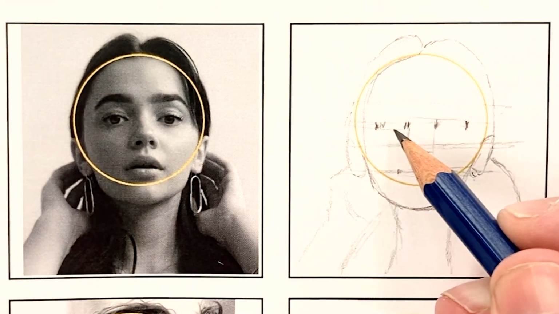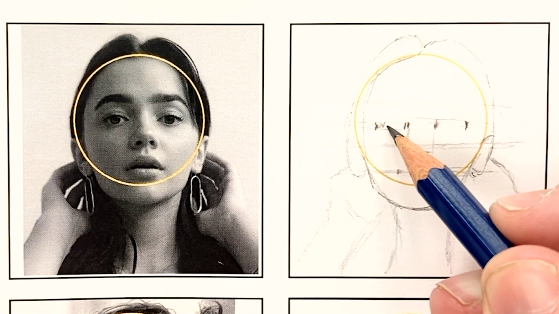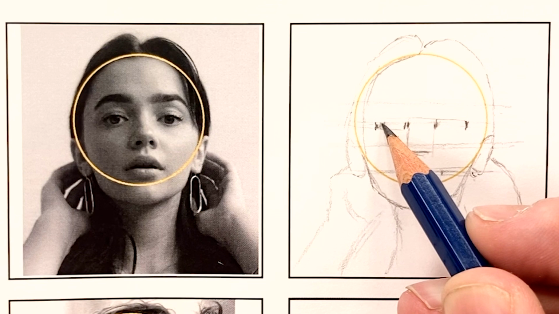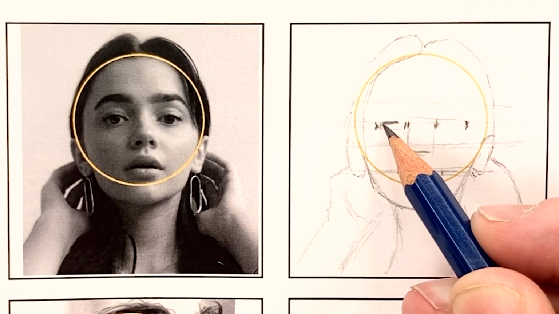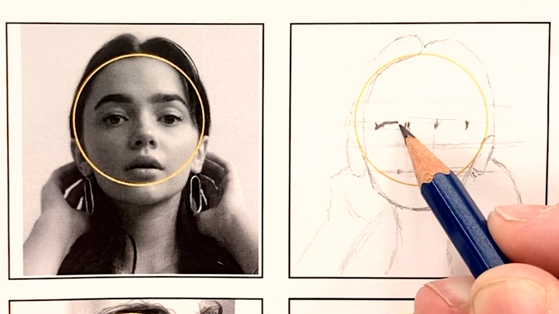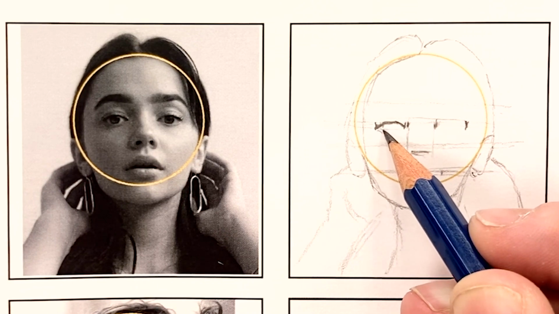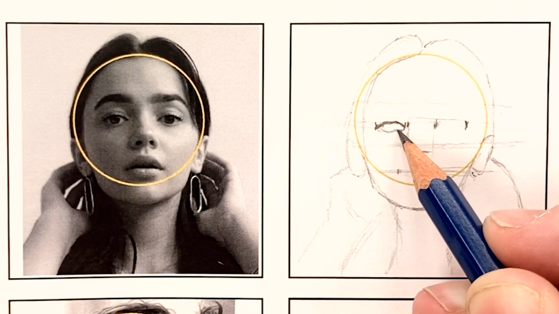I do want to show real quick how we would sketch the individual features of the eye, for instance. In this, I'm going to keep it very basic before adding the shading and just have a horizontal line and then one that's a little bit slanted, one that comes over here, and a curve at the bottom like that.